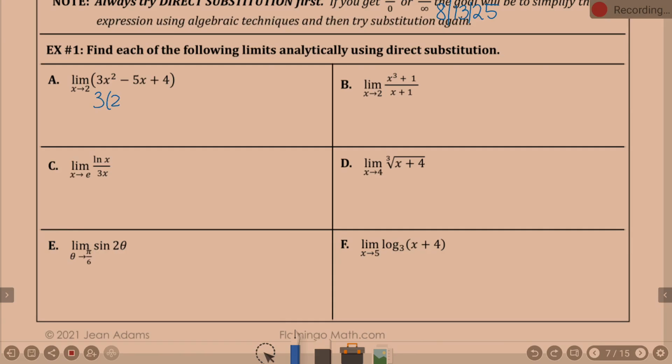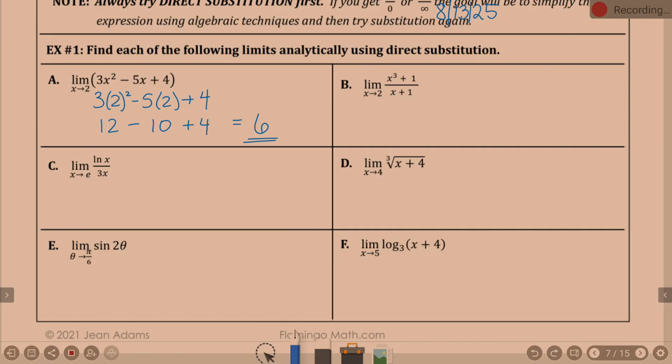So 3 times 2 squared minus 5 times 2 plus 4. We all agree? Okay, that's what I have.